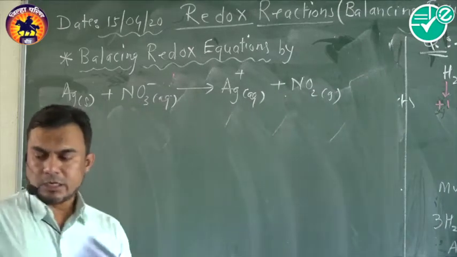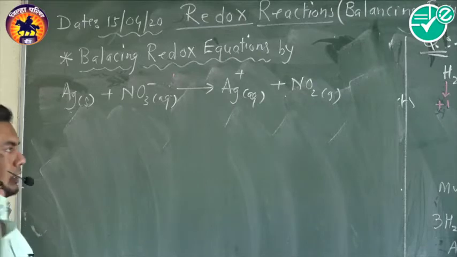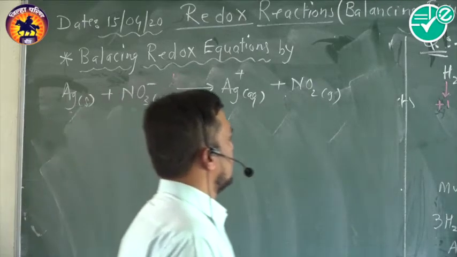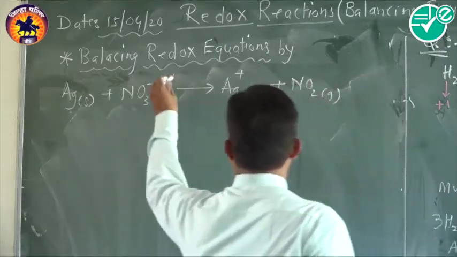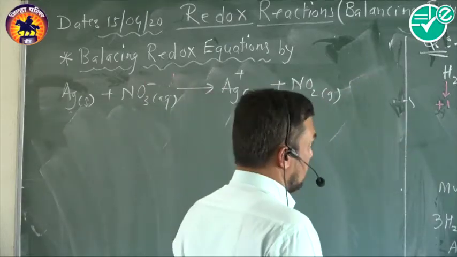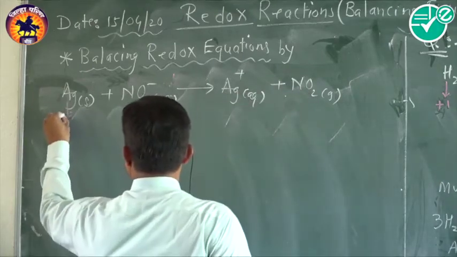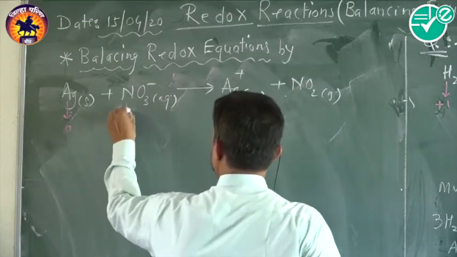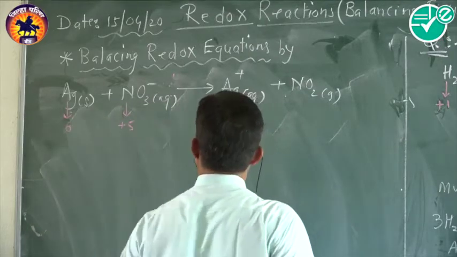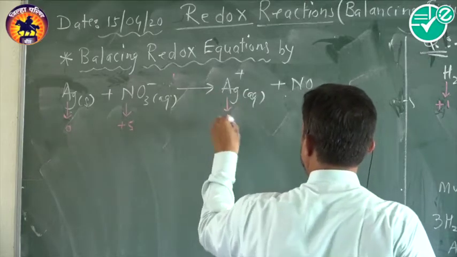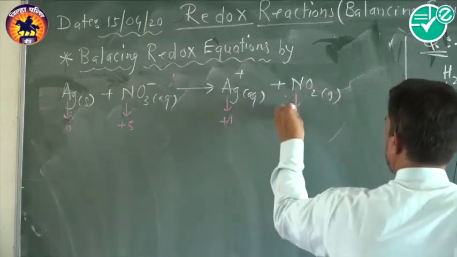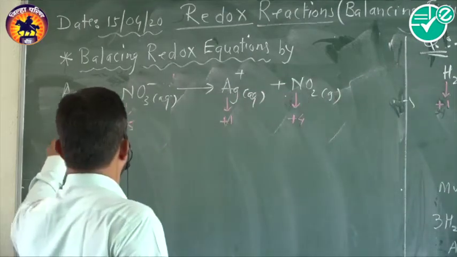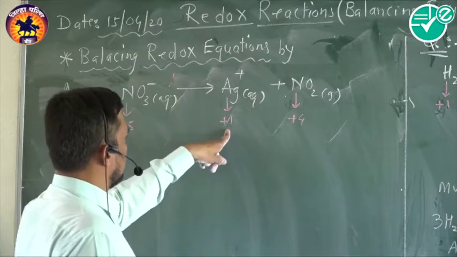Now this reaction undergoes in acidic medium, so we have to adopt the 5 steps to balance the equation. First of all, calculate or assign the oxidation numbers. It's 0, it's plus 5, here plus 1, here plus 4. Now look at the silver, it oxidizes to silver ion.